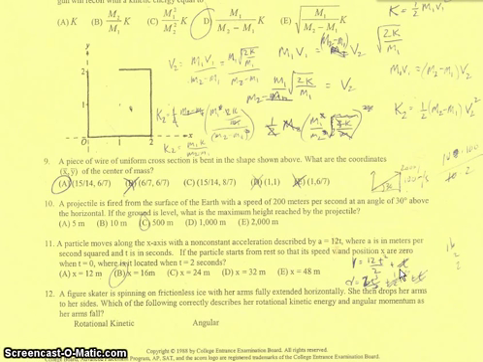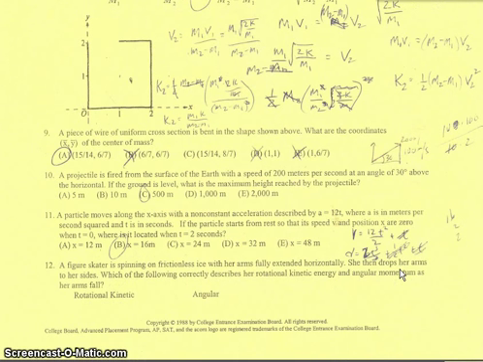Number 11, we have our particle moving along the x-axis, constant acceleration. So my acceleration function was given to me. I needed to know where it was located, so I needed to get all the way back to a position function. So I first did an integral to get to my velocity function, and eliminated this t because we're starting at rest, and so because we start at rest, our initial velocity was 0, so that part would disappear.